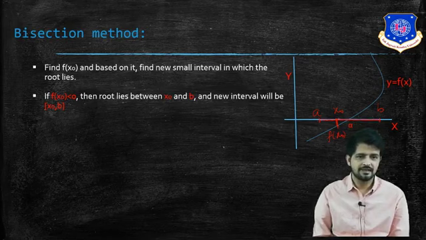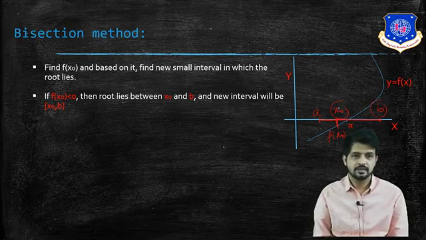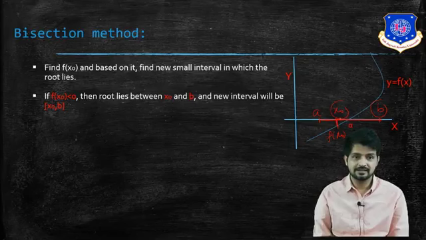This interval can be x0 comma b or this interval can be a comma x0 on the basis of the function value. If f of x0 is negative, then I can say my root lies between x0 and b. Why? Because the condition is that on the left hand side the function value should be negative and on the right hand side the function value should be positive.